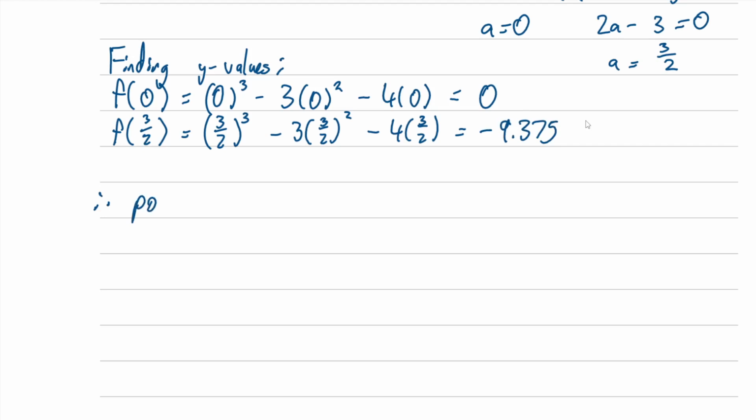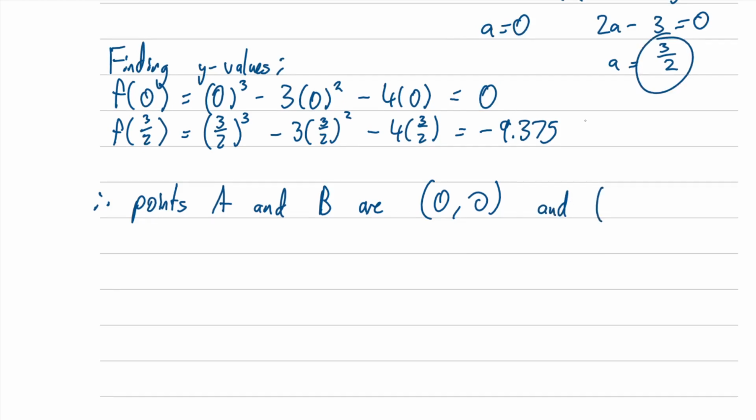So therefore, points A and B are 0, 0, and 3 over 2, negative 9.375.